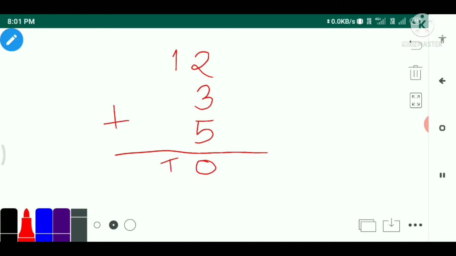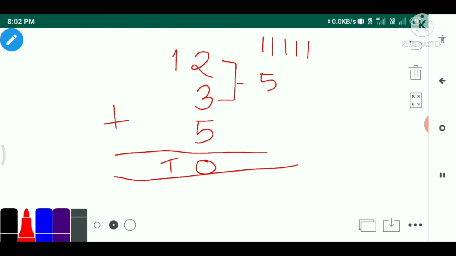And this one is tens place value. So first of all we'll count the ones place value. Okay, so here first of all we'll add two numbers. So 2 plus 3, 2 lines are there and 3 more lines, it will become what? 5, right? Now we'll add this 5 with this 5.